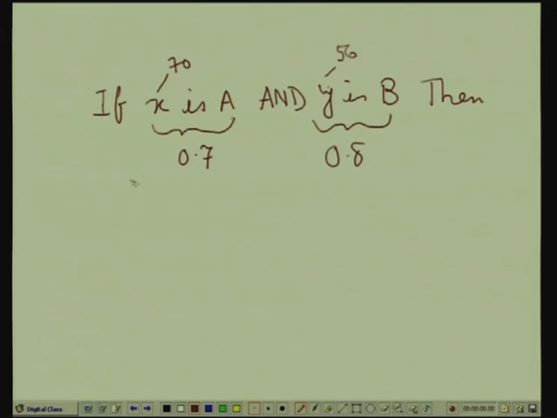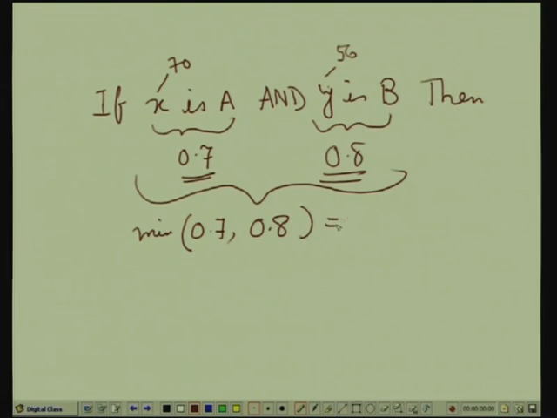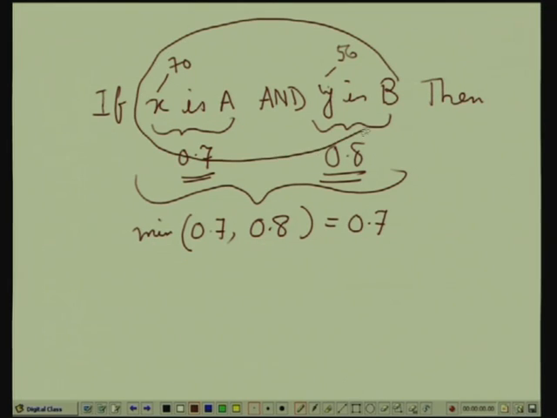Then what will be the truth of this entire antecedent? We have to look into that. We will see that we actually take the mean of these two. So, mean of these two, 0.7 and 0.8, we will take. So, it will become 0.7. So, we evaluate this conjuncted antecedent with the strength 0.7. Okay.